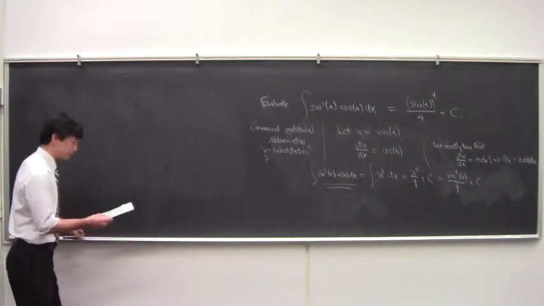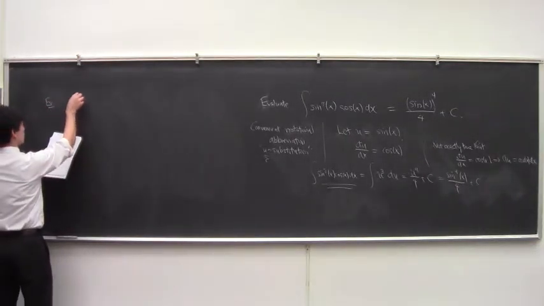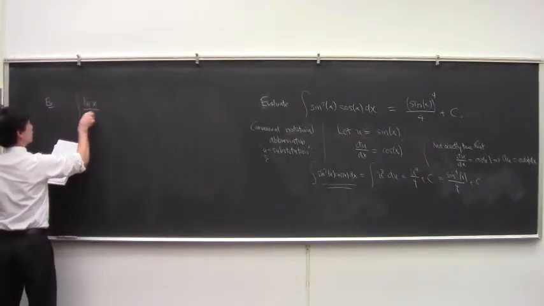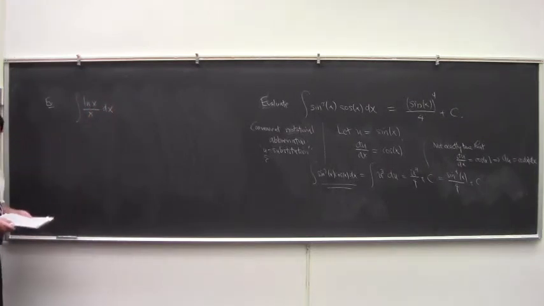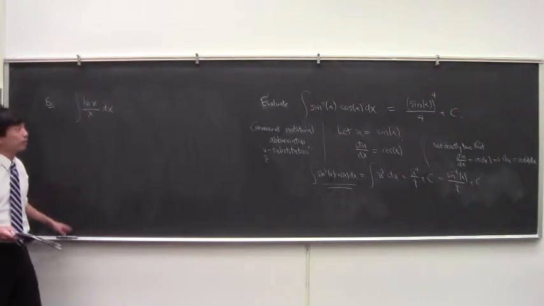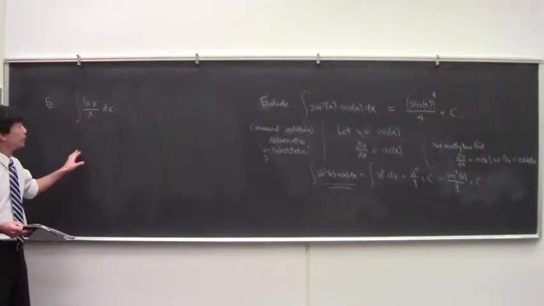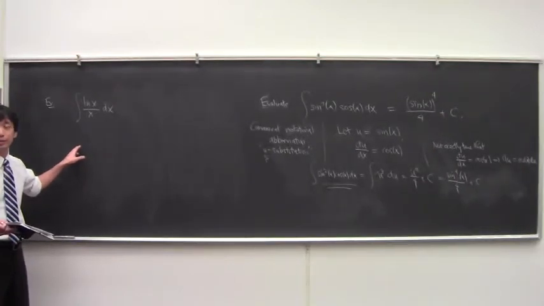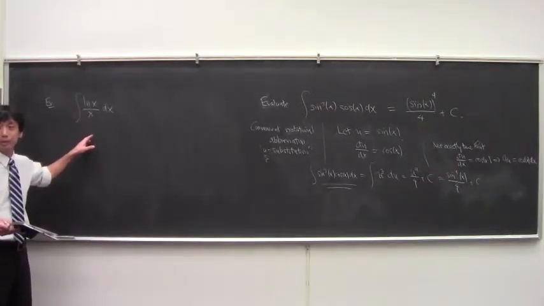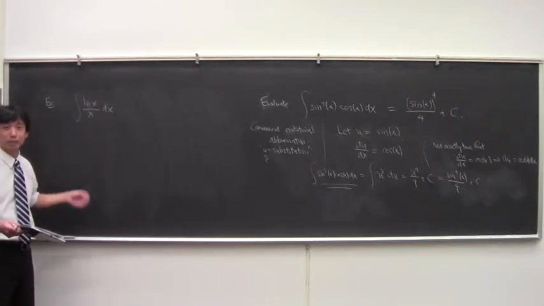So let's try some. So here's one. Do this by u substitution, find a convenient u. And you notice that what you're going to want is a u whose du is there. So you want to find a u for which a du is convenient, is there.